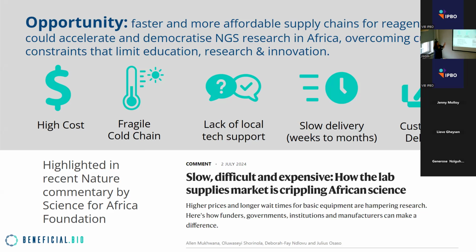This problem for molecular diagnostics got a big boost in awareness due to the COVID pandemic. And the long tail of that interest has now resulted in much more attention on the general issue of the lab supplies market for research.